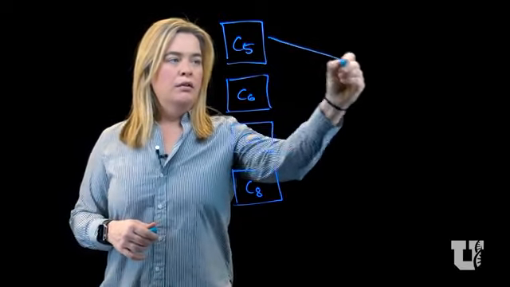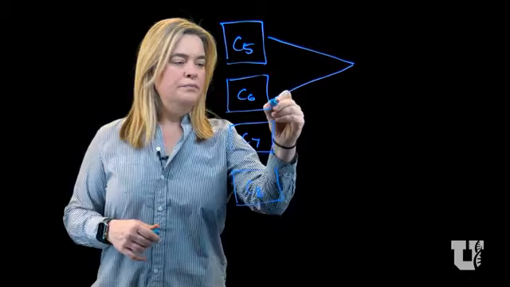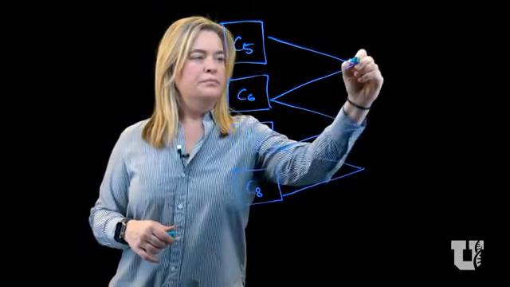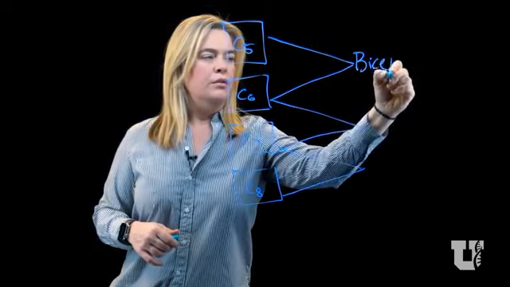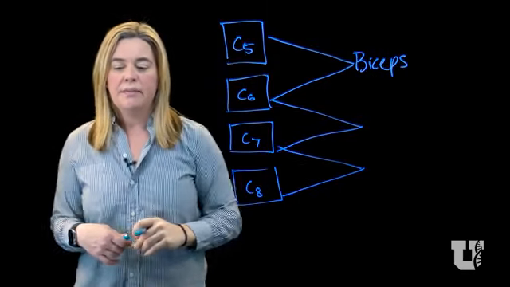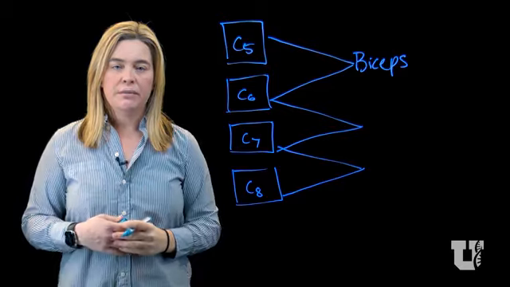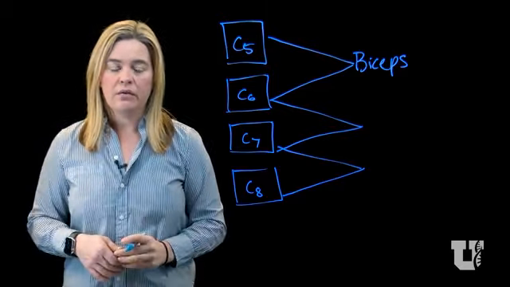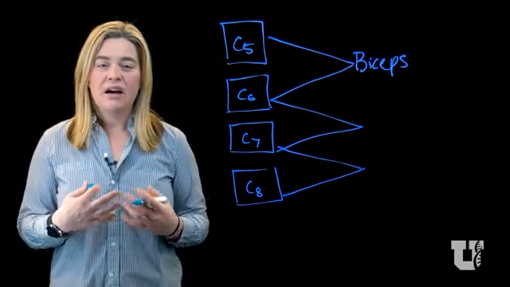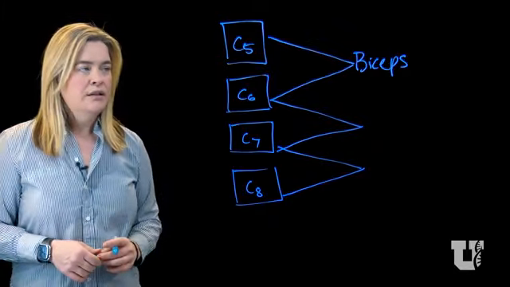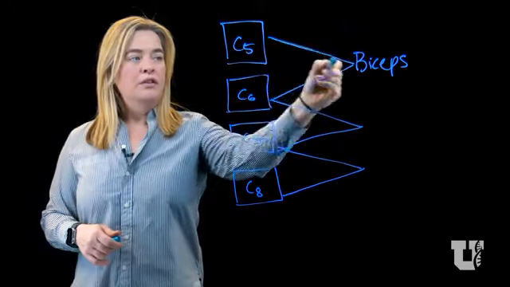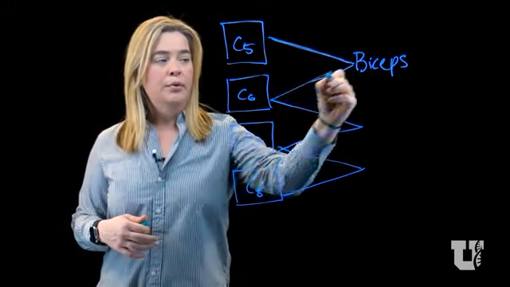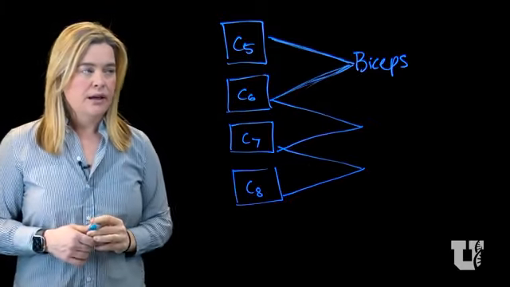So I'm going to draw, while the biceps predominantly receive innervation from C5, all of these muscles are receiving innervation from more than one spinal level, which is the underlying reason why this rule exists. So while most of the innervation is from the C5 spinal level, they're also receiving input from C6, okay?